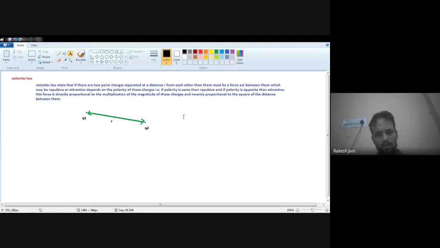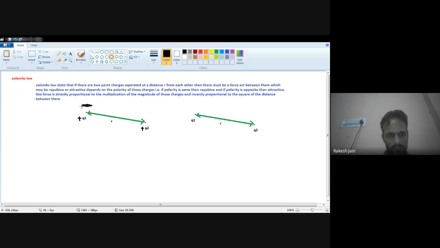Now Coulomb said that there must be a force which acts between them. It may be attractive or repulsive. So let's suppose I copy and paste one more, showing you the attractive and repulsive case. If those two charges are of same polarity, let Q1 be positive and Q2 also positive. So the polarity is same. Then the force is repulsive.